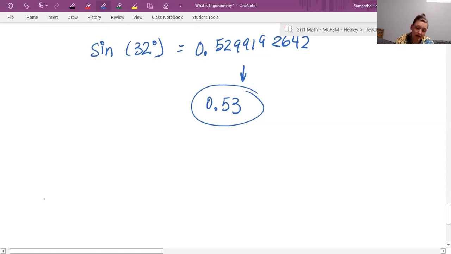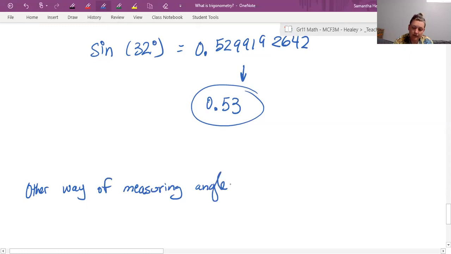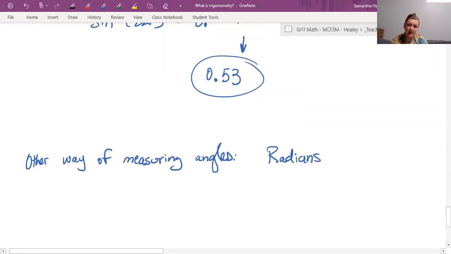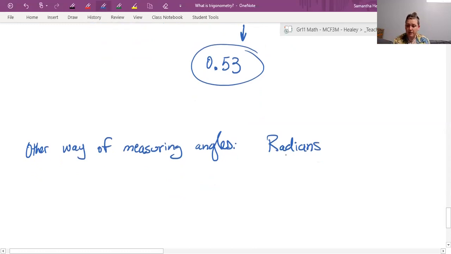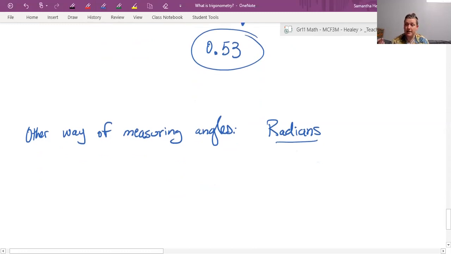The other way of measuring angles is called radians, and that's relating the angle size to the properties of a circle. So if you do higher level math later, you will work with radians, but for now we just need to know that they are different.